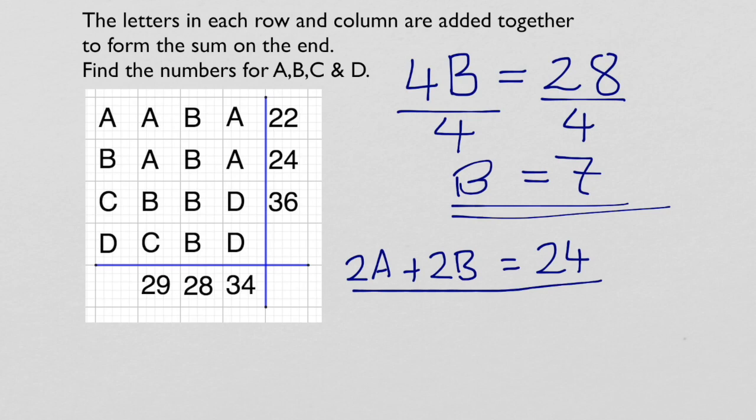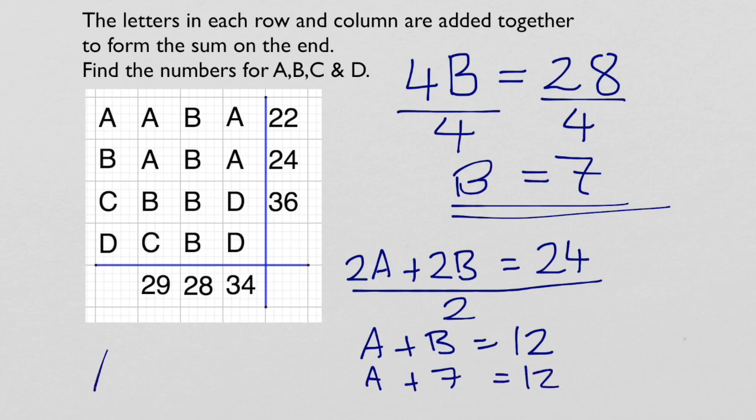So I'm going to halve everything, and that's going to give me A plus B equals 12. Fantastic, because we already know that B equals 7 over here. So I can just replace B with 7. So A plus 7 equals 12. So A must equal 5. All right. We're halfway there.